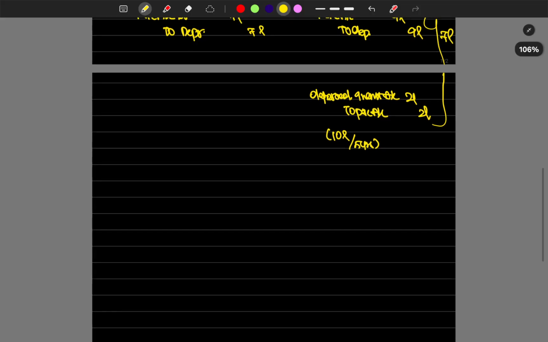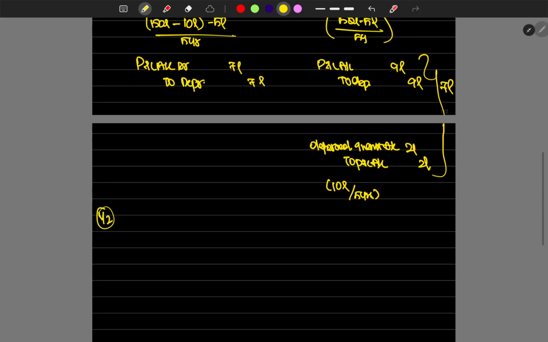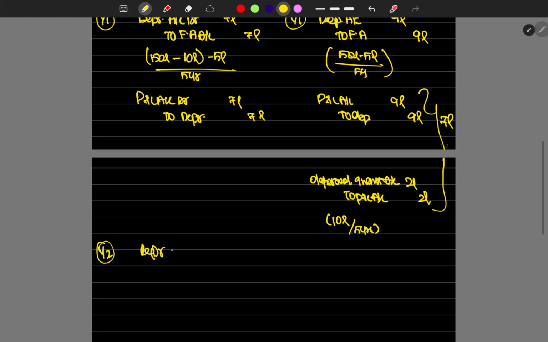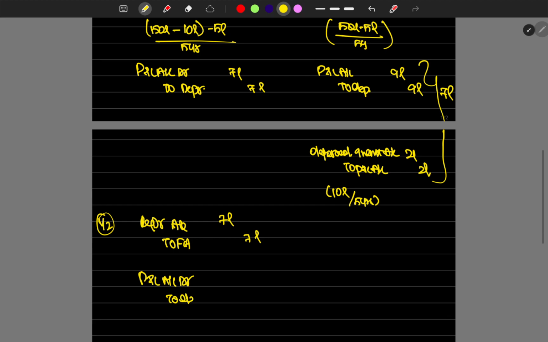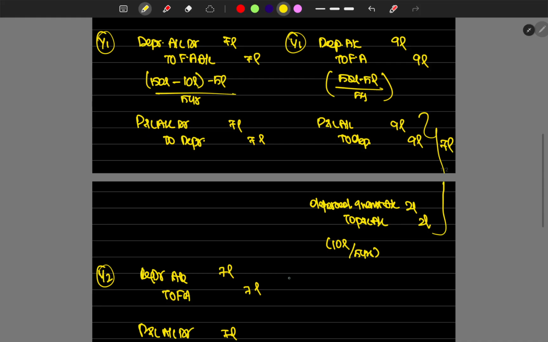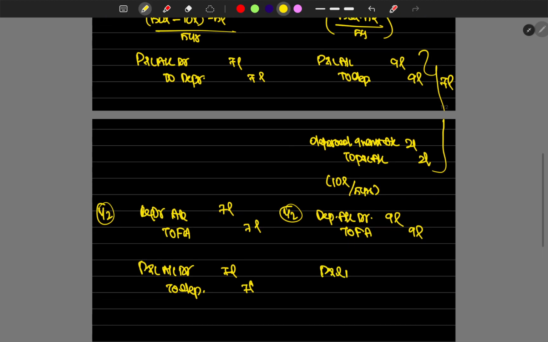Okay, year 2 also follows the same. Depreciation would be 7 lakh. P&L transfer to depreciation, which is 7 lakh. Then in year 2, depreciation account debit to FA, which is 9 lakh as we found, and then P&L account debit to depreciation, which is 9 lakh.